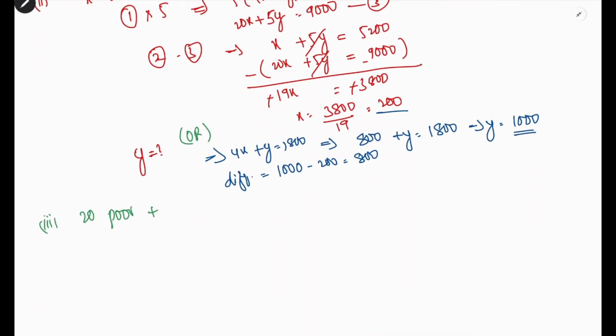So here, a poor child pays 200, so 10 into 200, plus 20 rich children, and a rich child pays 1000, so 20 into 1000. That is 2000 plus 20,000, which is 22,000. We'll go to the next question.